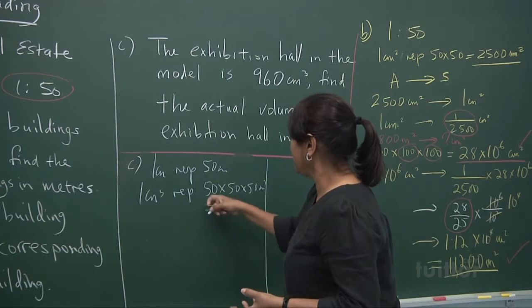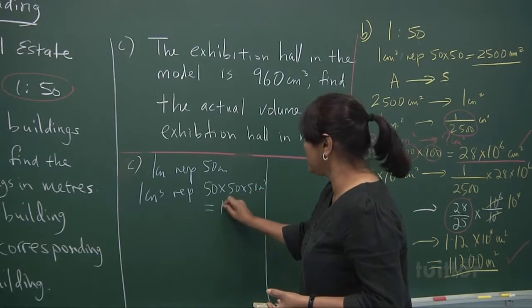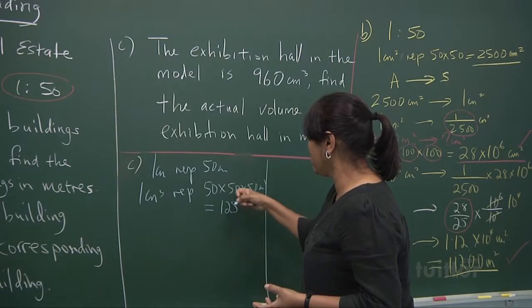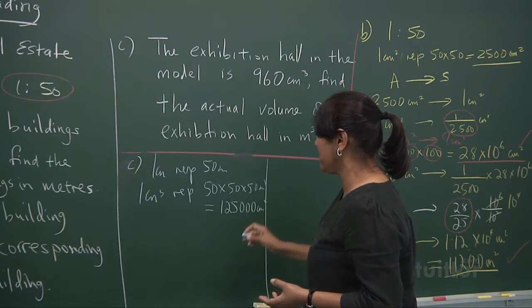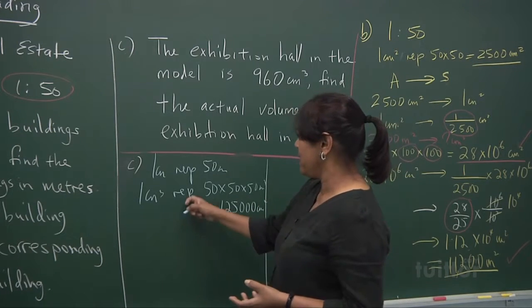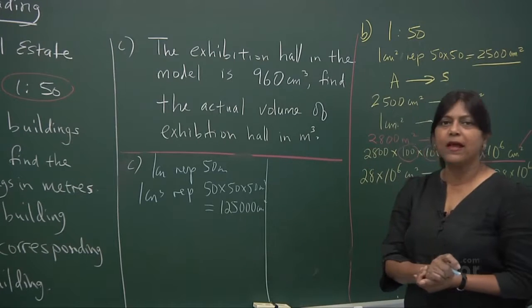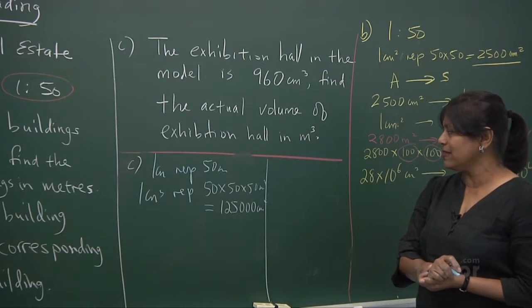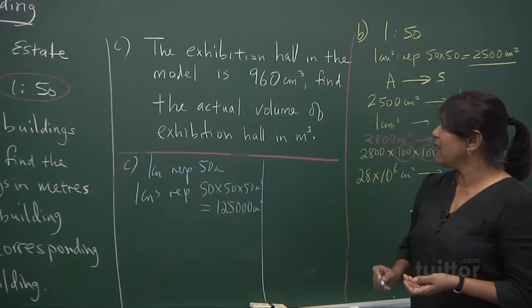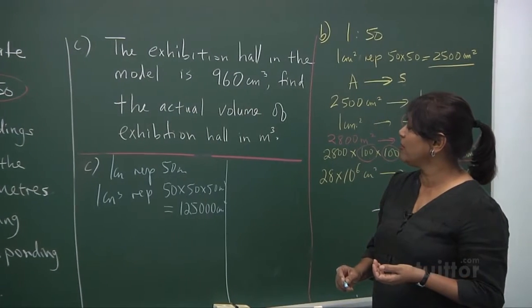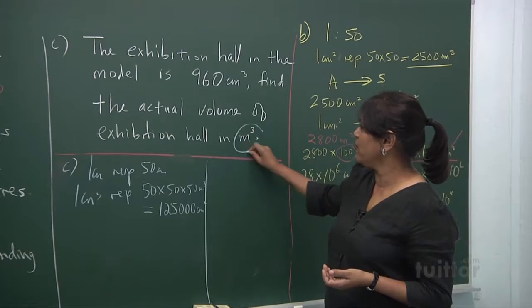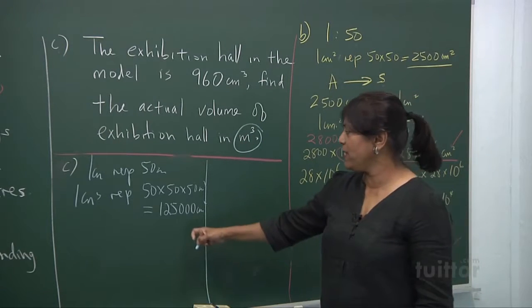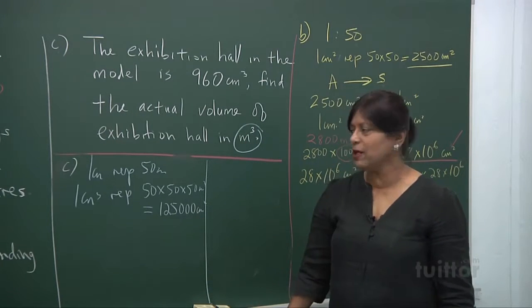That will be 5 times 5 times 5, which is 125, and you get 0, 0, 0, 0 cm cube. So 1 cm cube represents 125,000 cm cube. Now, the exhibition hall is 960 cm cube. You want to find the volume in meter cube. So what we need to do is change this to meter cube.